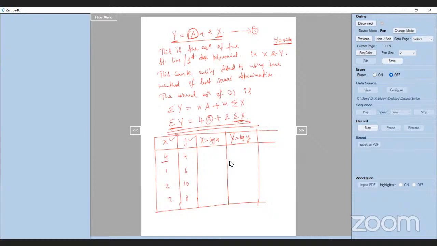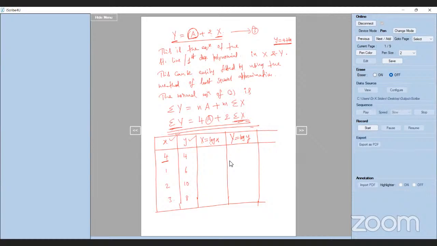Log 4. What is the log 4 value? Use the calculator, logarithm to the base e. Find the log value.